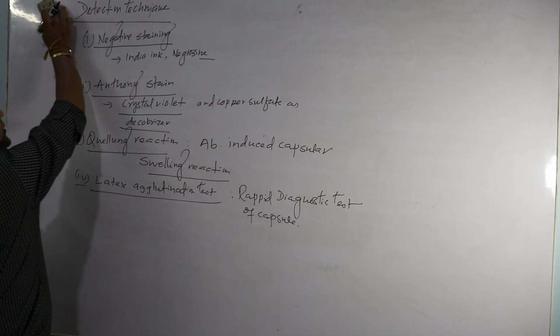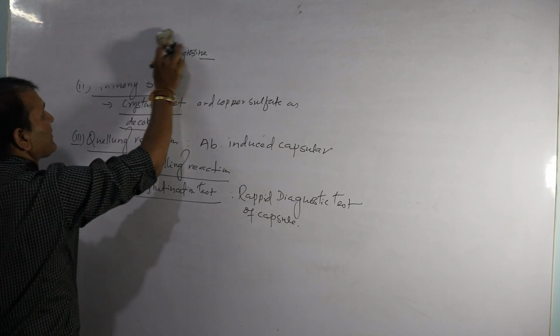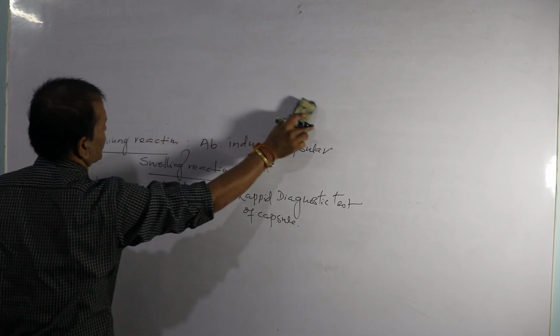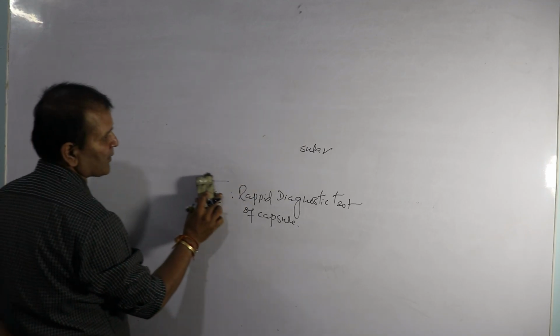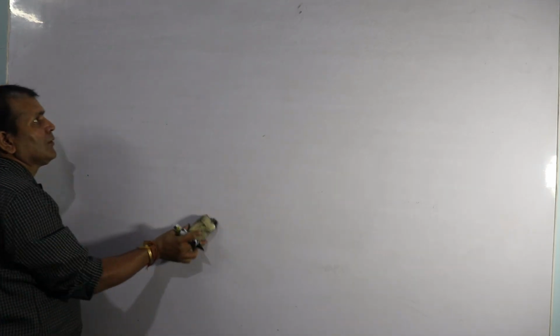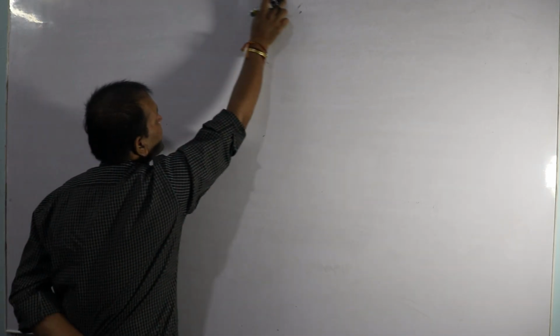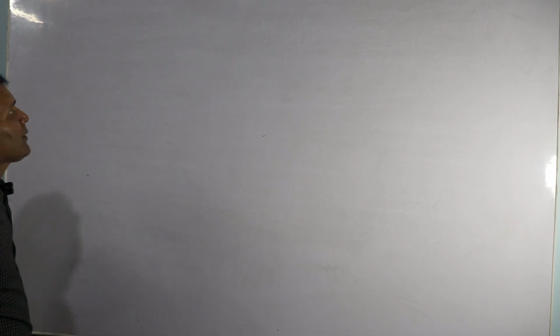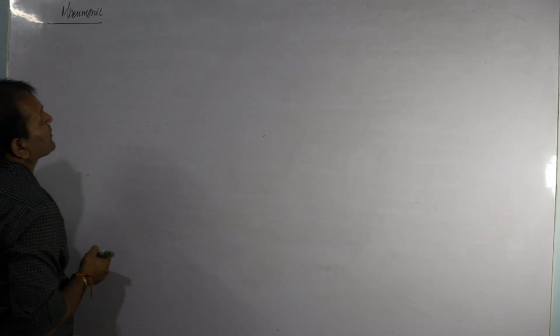Now, the bacteria which can form the capsule, also the bacteria which contain the capsule. A very common mnemonic for the remembrance of the capsulated bacteria: we can remember the bacteria which form the capsule.